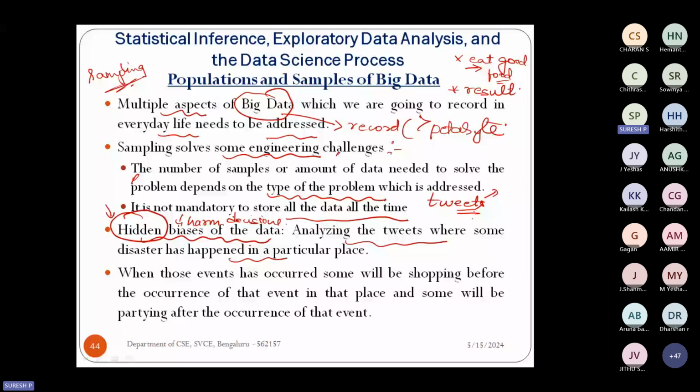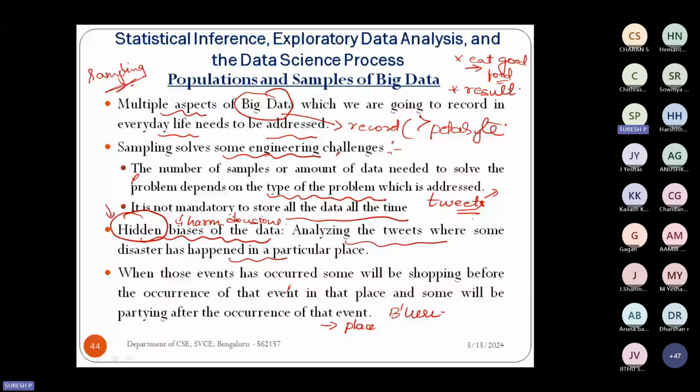But the person who is going to tweet will not be in the place where the rain is coming. For example, if heavy rain is coming in Bangalore.